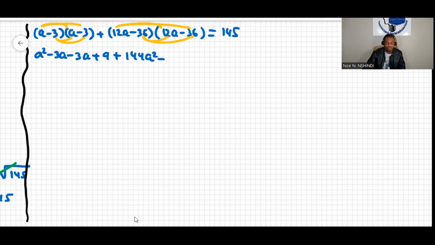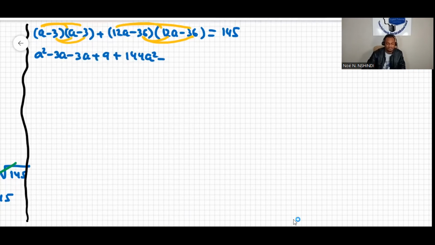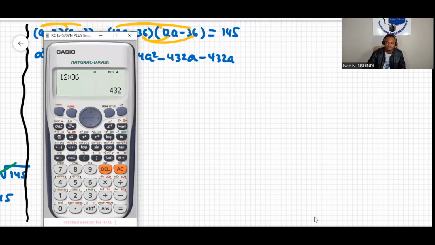Then 12A times negative 36: I can do that in the calculator. 12 times 36 makes 432, so that makes negative 432A, and another negative 432A again, and then 36 times 36.